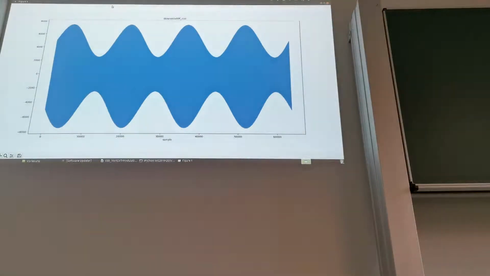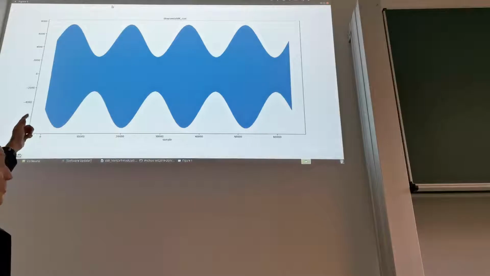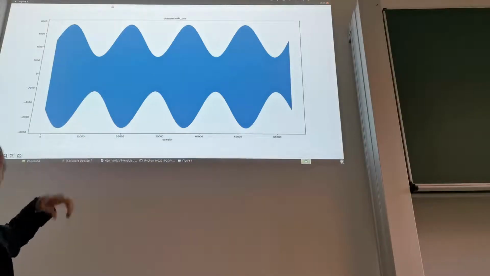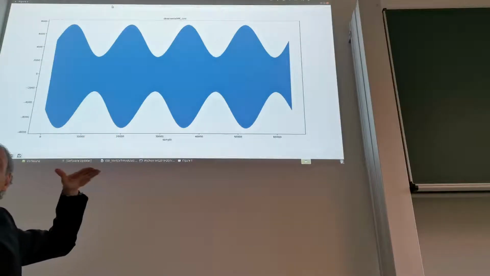So, what happens if we now apply a low-pass filter to this signal? What do you think? So observe that we have the symmetry between positive and negative values. Right? It goes up and goes down. And now imagine we apply a low-pass filter.